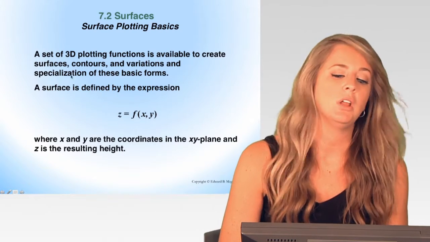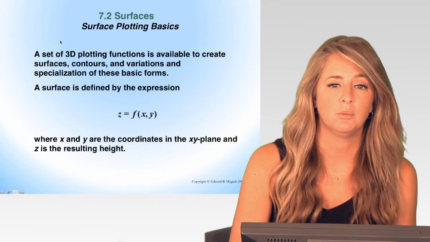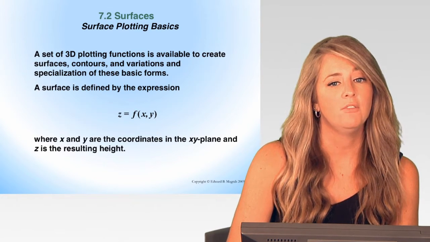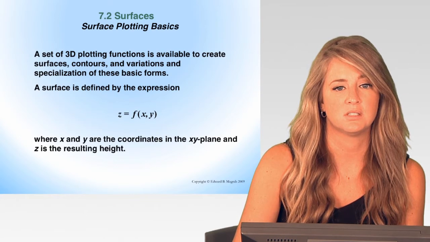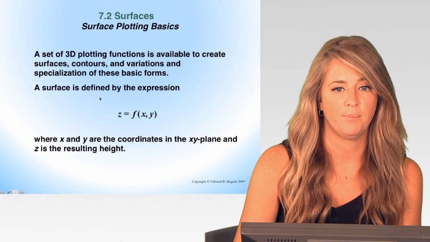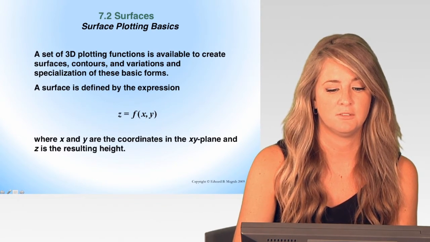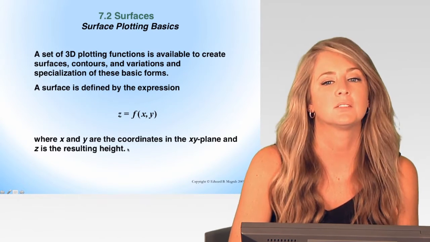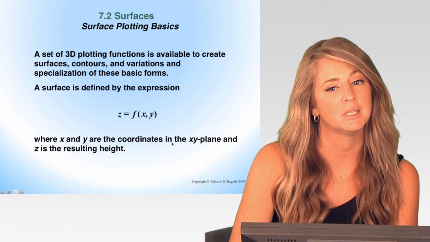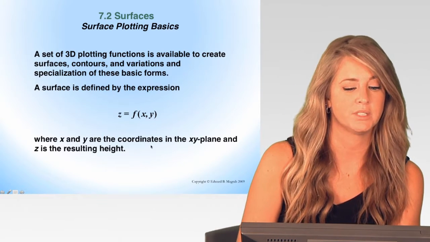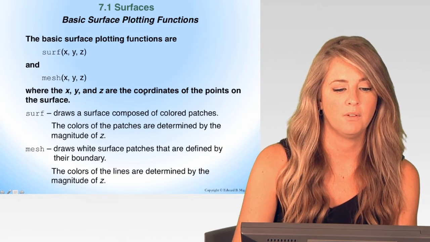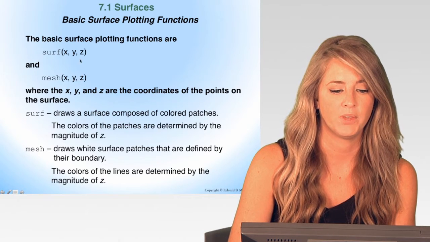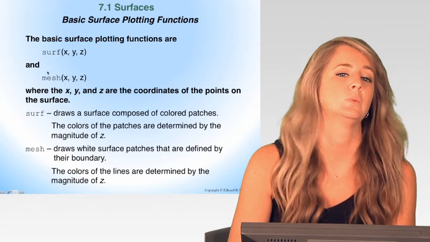The set of 3D plotting functions available to create surfaces, contours, and variations of these basic forms, we can use this surface notation here. So the surface is defined by this expression. X and Y are the X and Y coordinates in the XY plane, and Z is the resulting height. So we have two basic surface plotting functions, surf(X,Y,Z) and mesh(X,Y,Z).